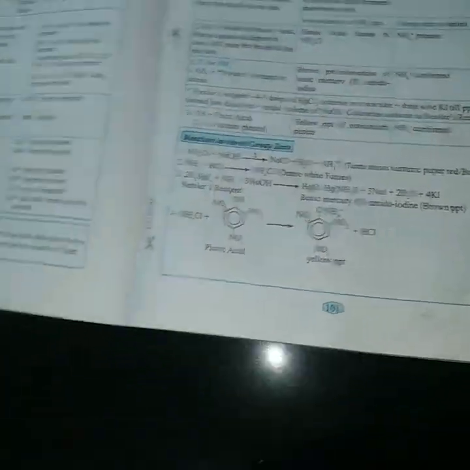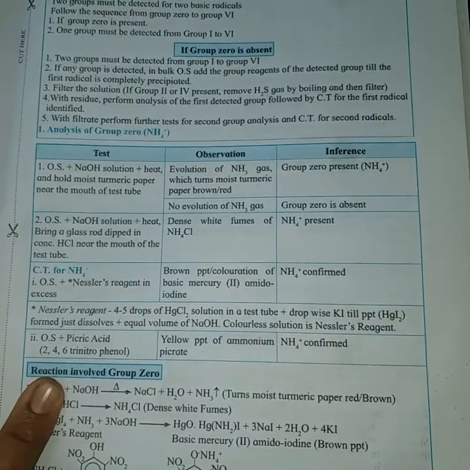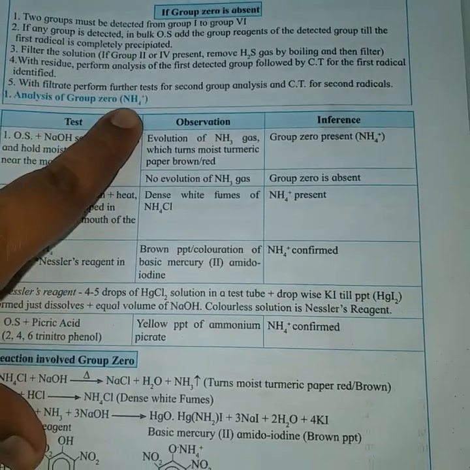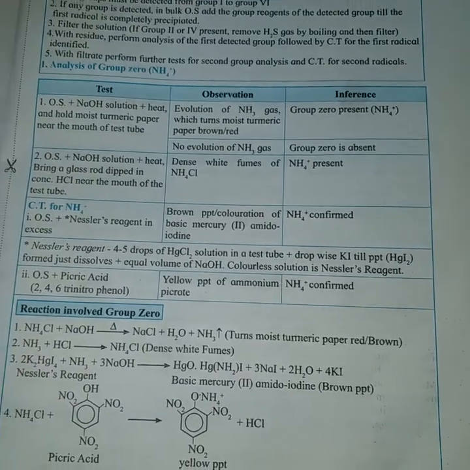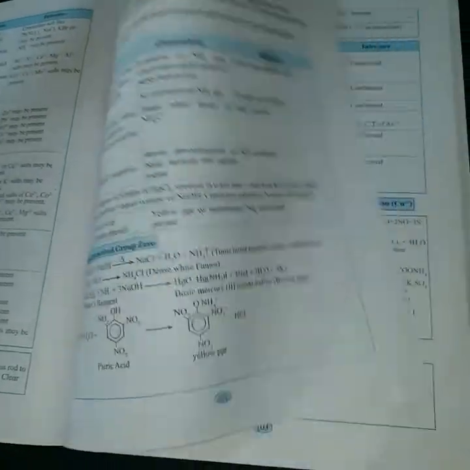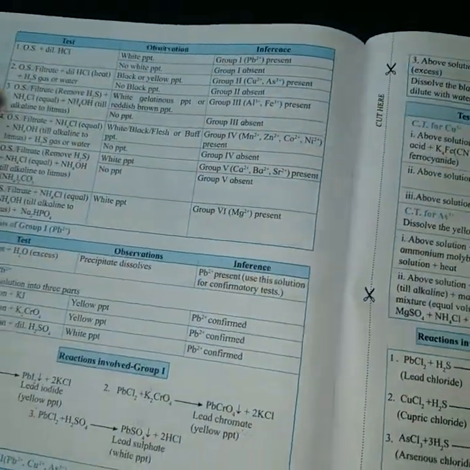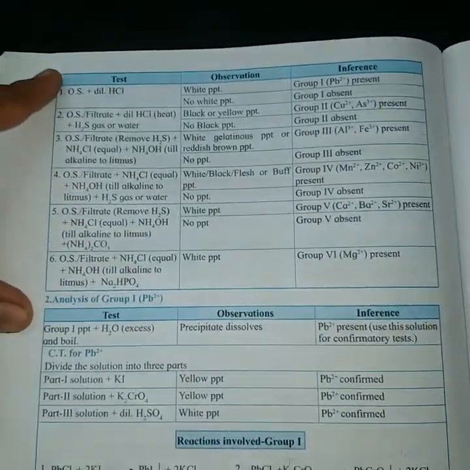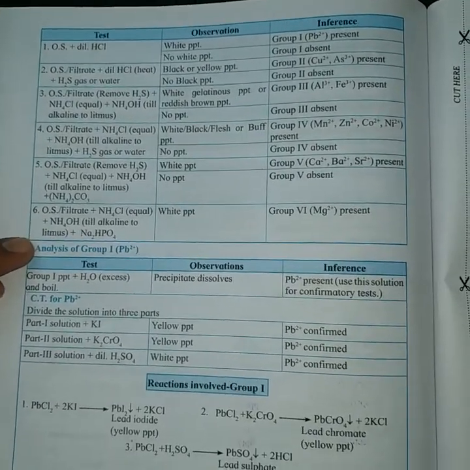So once the OS solution is prepared, you will be moving to the analysis of group 0, that is the analysis of NH4 plus, and you will be performing all these tests, and then you will be moving to group detection. Group detection, you can see, is from 1 to 6, okay?